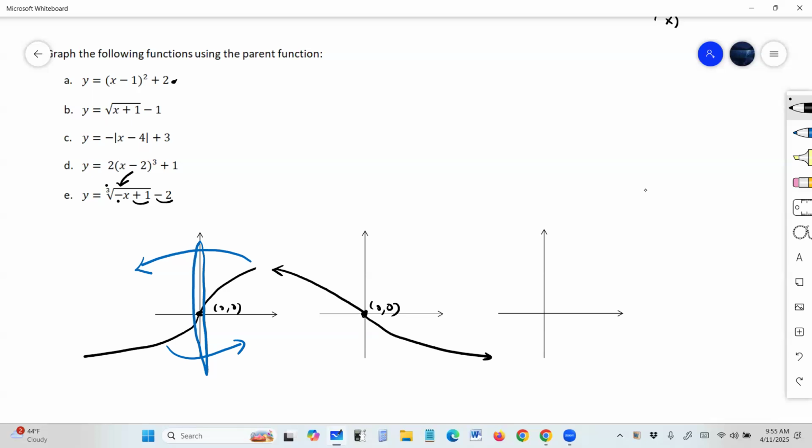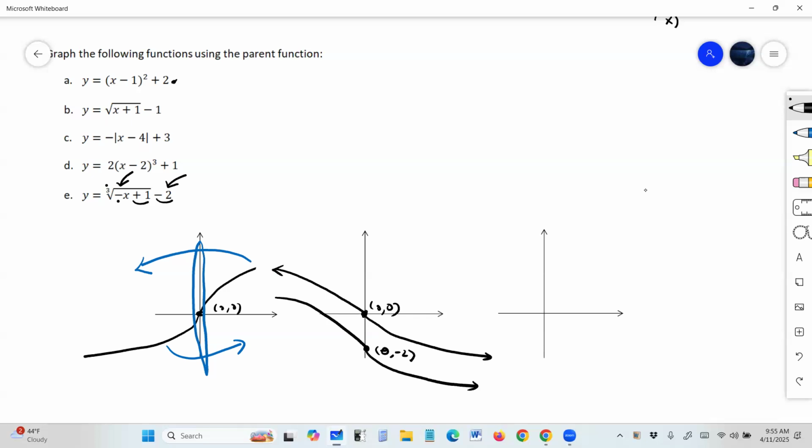So I am going to maybe do this one first, which is a shift down by 2 units. So the key point will go here. The new location would be 0, -2.